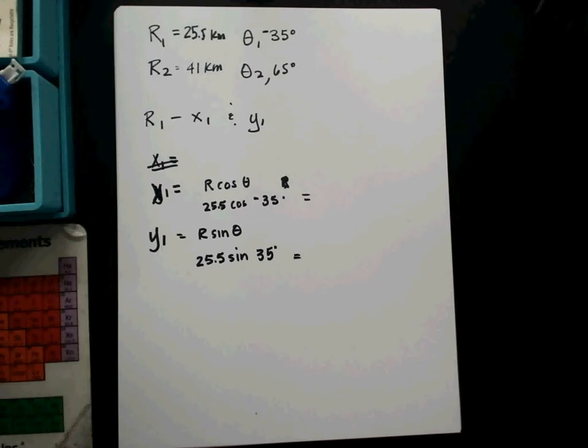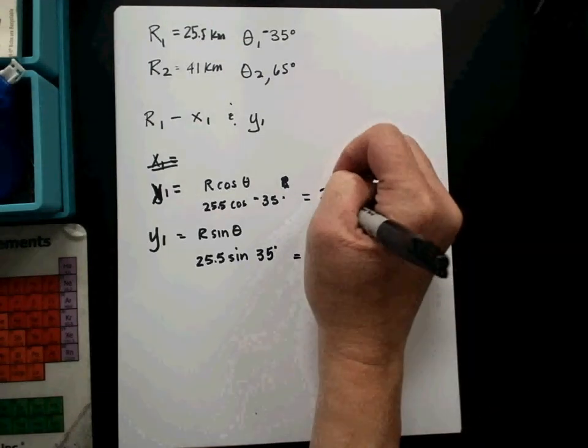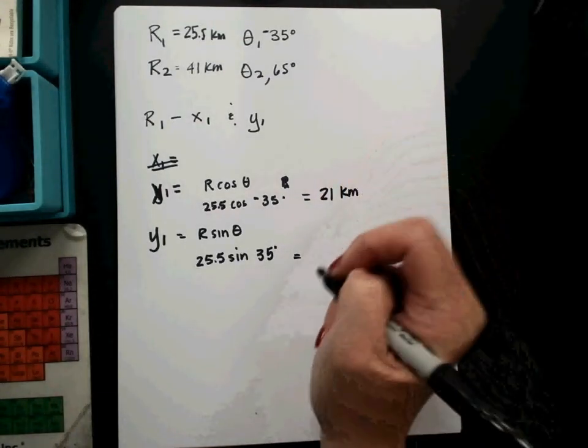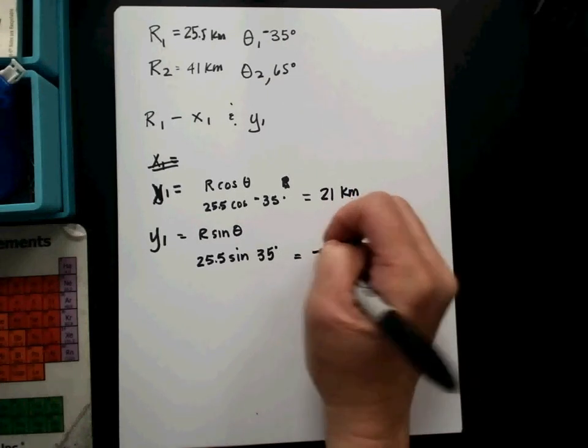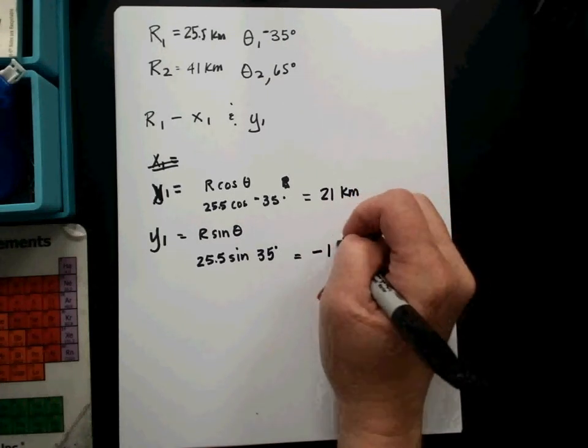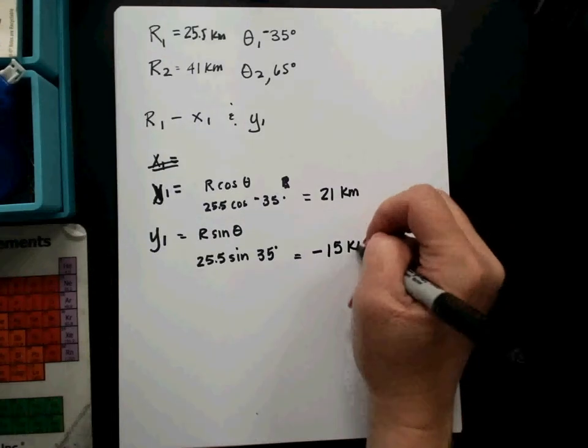Okay, so do we have our values for those two things? Let's check them. Who's got X1? Only Kirsten has it? What you got, Annika? 21 kilometers, do we agree with her? And Y1 would be Kirsten? Negative what?